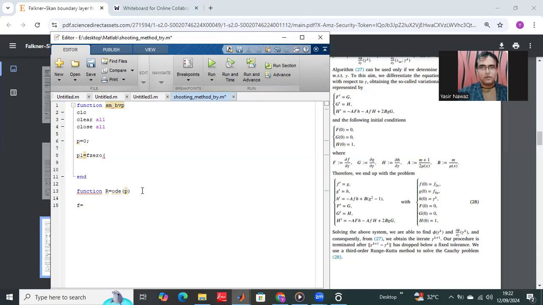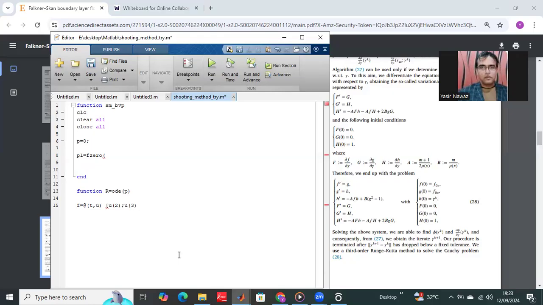So for the function, I use f, where t is the independent variable and u is the dependent variable, and the equations are f prime equal to 28. In 28, f prime is equal to g, so u2 will represent g. And then small h will be represented with u3 because it's a double derivative. Single derivative is represented as u2 and double derivative is represented as u3.